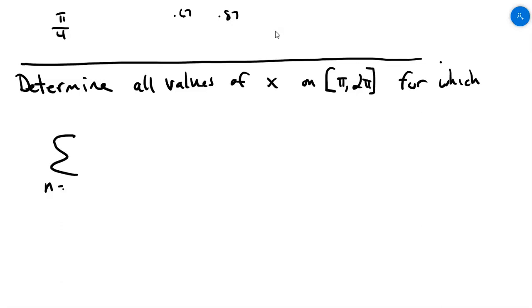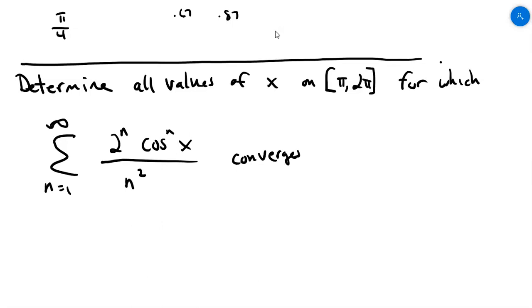And here's the series. The sum from n equals 1 to infinity of 2 to the n cosine of x to the n over n squared. So for which this thing converges. I want to try to make a nicer infinity symbol up here. There we go. All right.